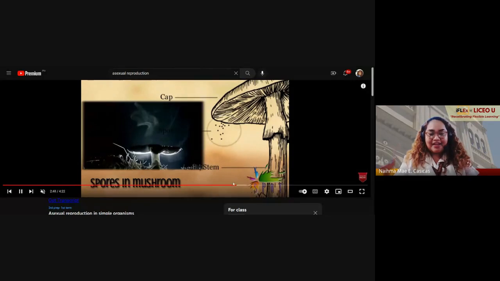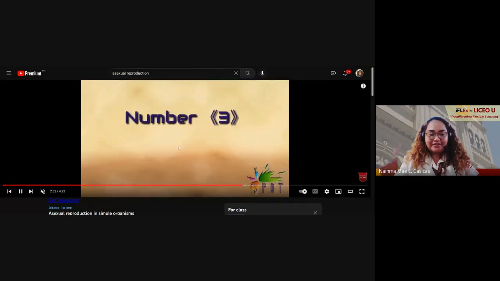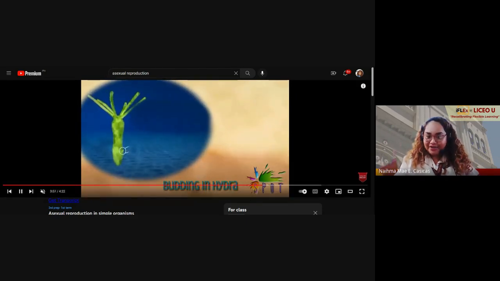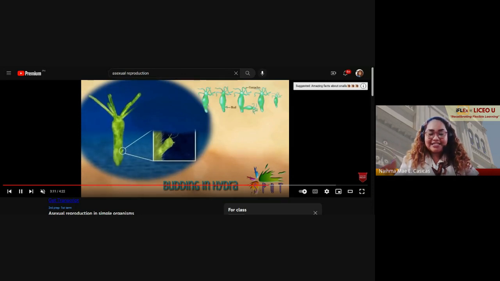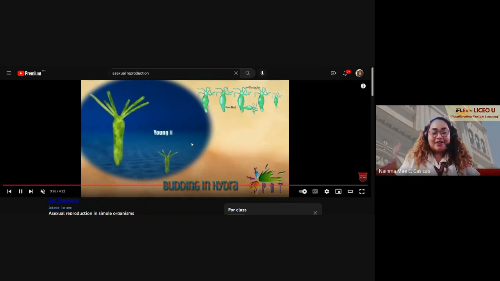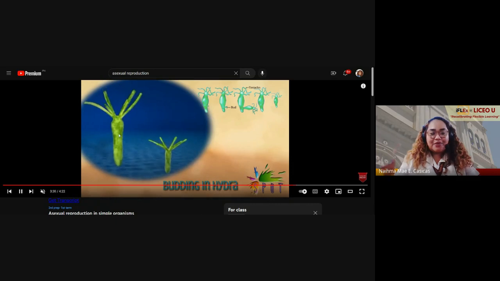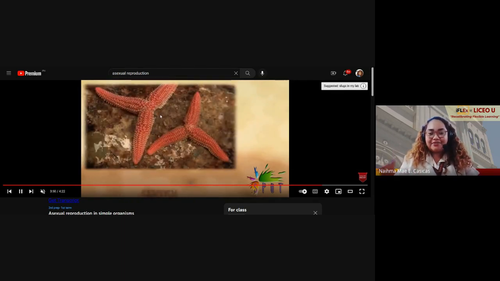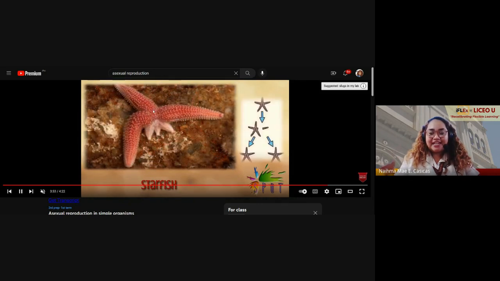Next, you have budding. Remember the example I gave you is the budding exhibited by the water hydra. The water hydra is a freshwater-dwelling organism, and it will grow the beginnings of the offspring in its own body, and then eventually it buds off. And lastly, regeneration, just like what I said earlier.